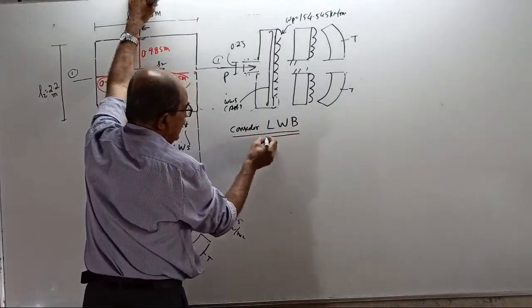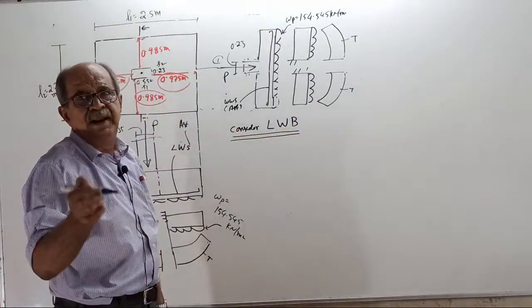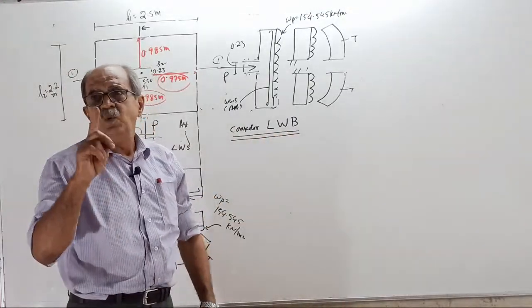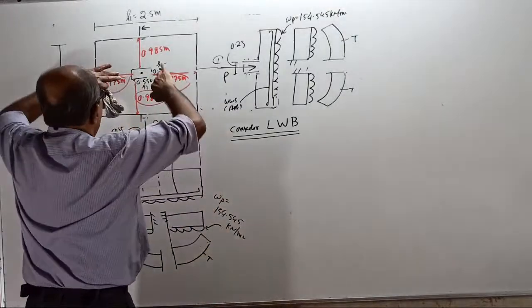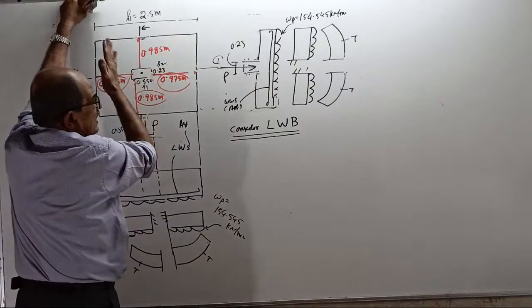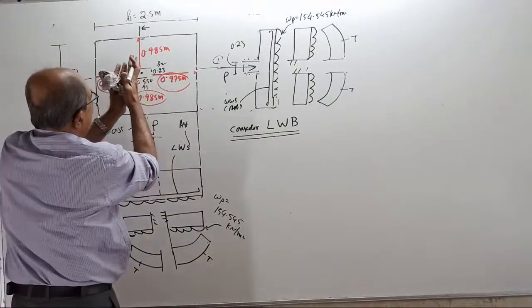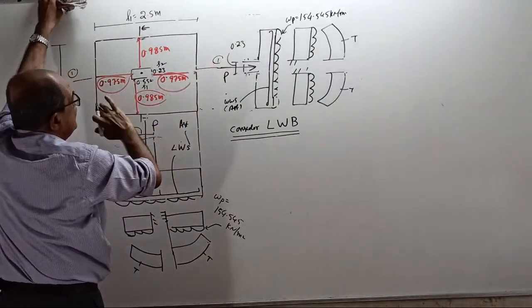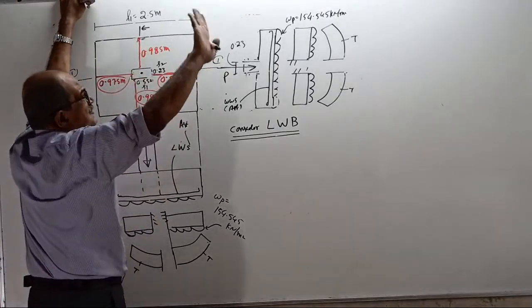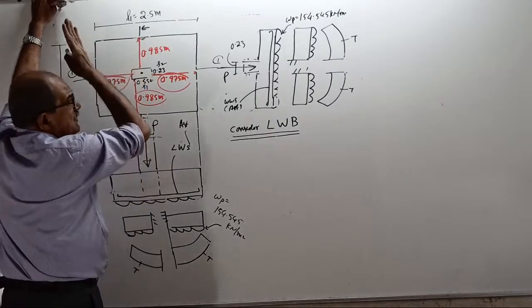Don't put LWB, you will become LBW then. Right? Consider lengthwise bending. Make a note right there. Lengthwise bending this way, with a cantilever on either side. Both are equal. So how much bending will come for this cantilever? Same bending for this one.